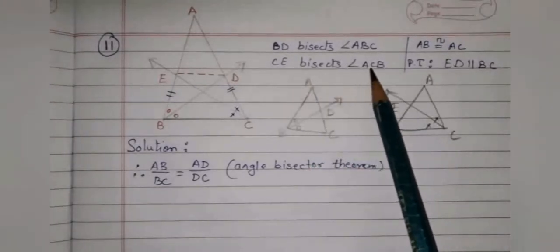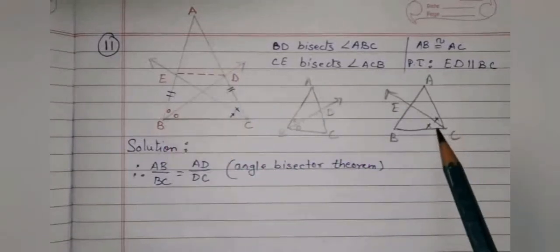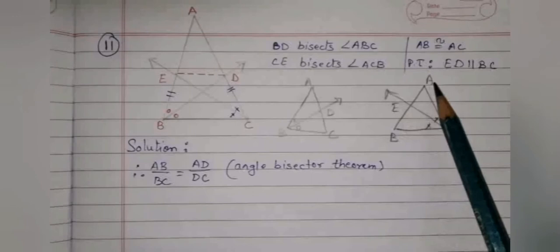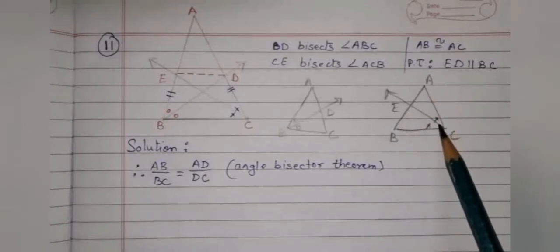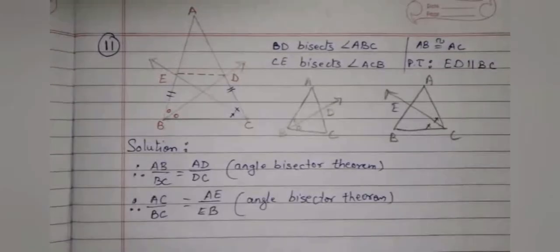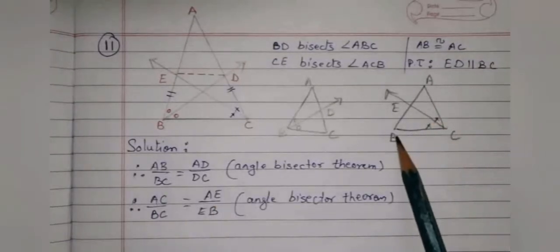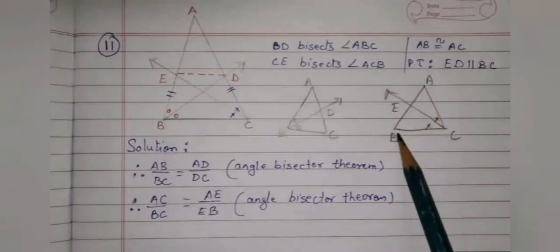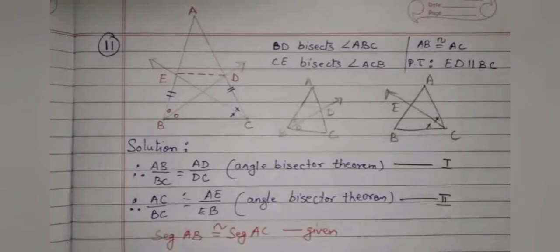Now another part. CE bisects angle ACB. This CE bisecting angle ACB I have drawn here. So the ratio is AC upon BC equals AE upon EB. Same reason again here, angle bisector theorem.